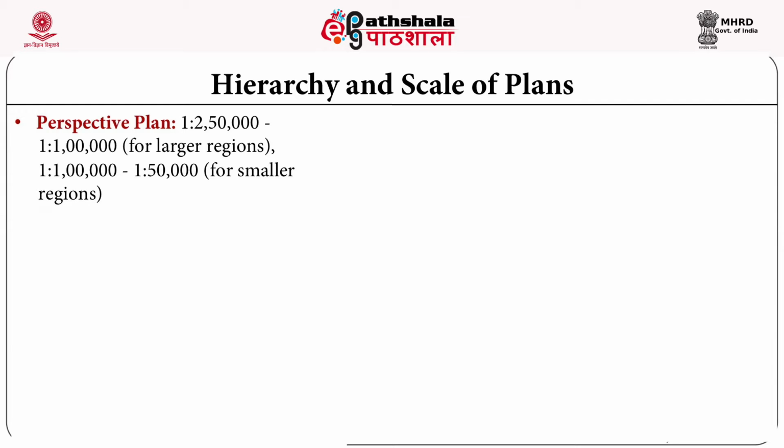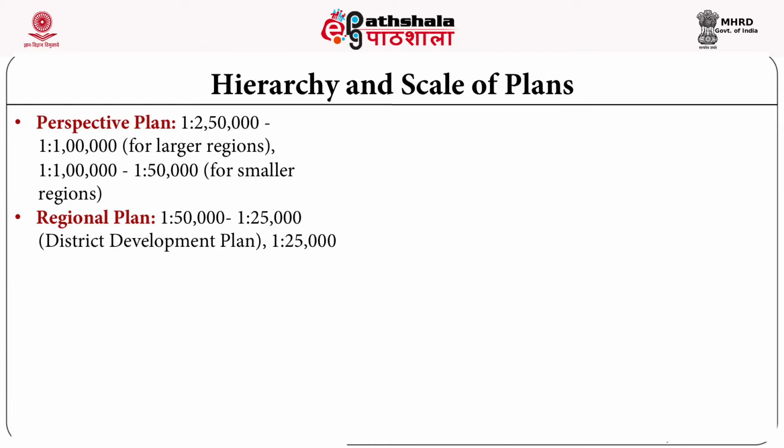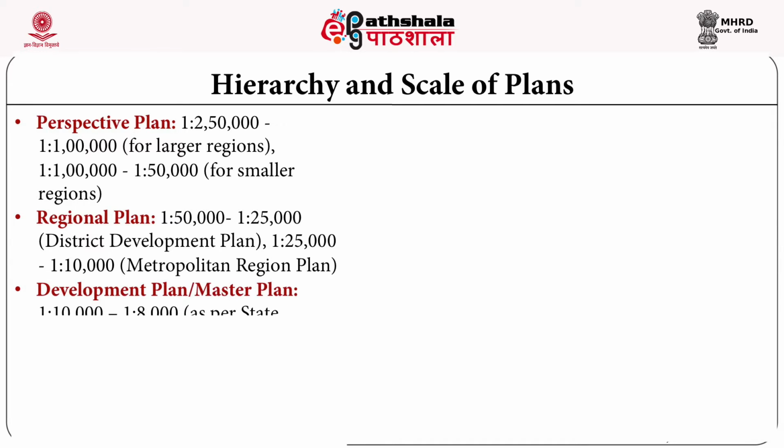And for the regional plan, the district development plan is worked out at 1:50,000 to 1:25,000, and the metropolitan regional plan is worked out at 1:25,000 to 1:10,000, and the development plan or the master plan is worked out at 1:10,000 to 1:8,000 as per the state provisions.